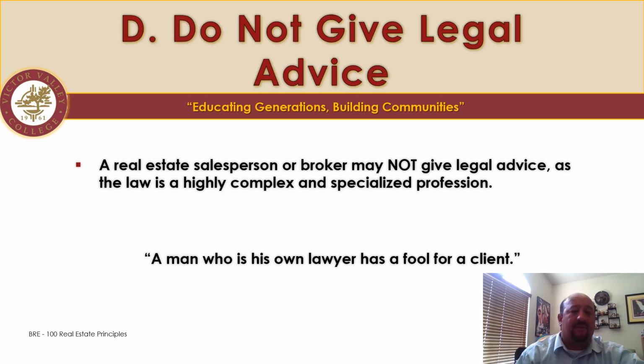Again, we'll stress that as a real estate salesperson or broker, you cannot give legal advice. If the questions your clients are asking are of a legal nature, you instruct them to find a lawyer because you're not a legal professional. That's not part of your duties as a salesperson or a broker.